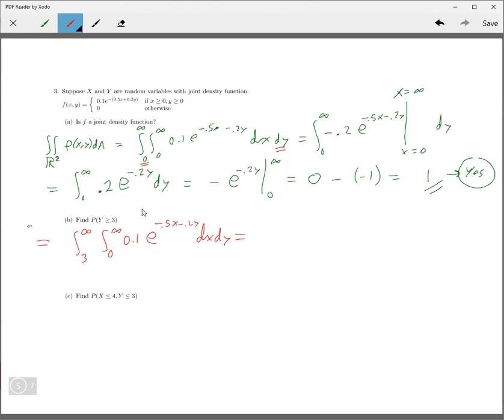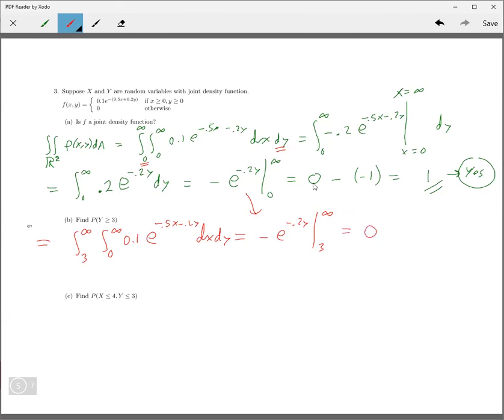You'll basically get all the way to here, but you'll go from 3 to infinity instead of 0. Everything else will all play out the same.